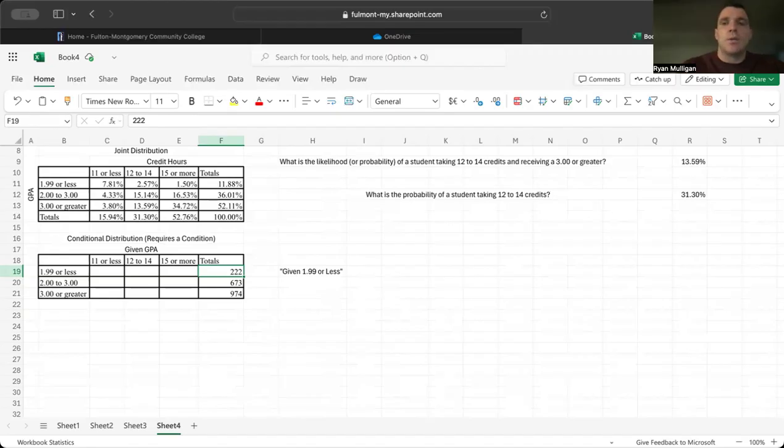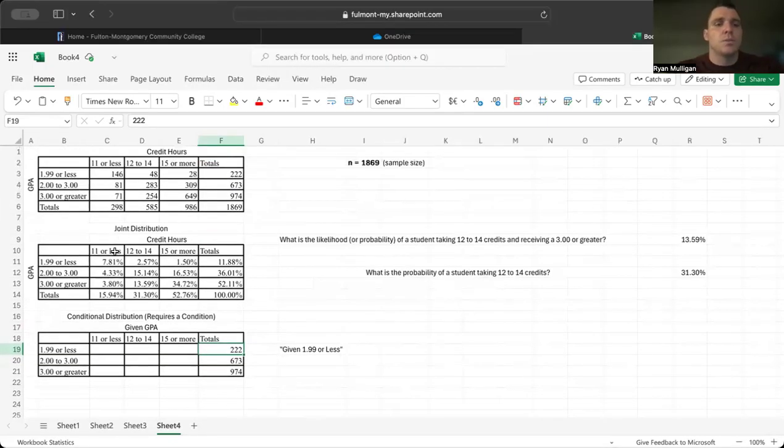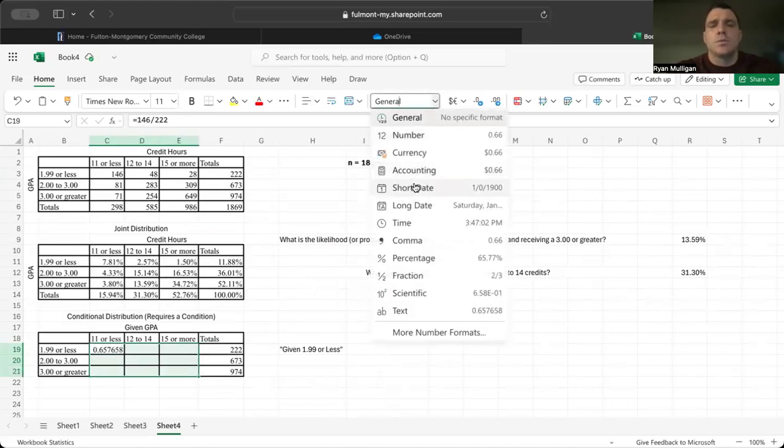What I'm looking at now is given that it's 1.99 or less, what's the probability that they got 11 or less credit hours? So we're going to take that 146 and divide it by 222. And again, I want these as percentages. So I'm going to change these all to percentages.